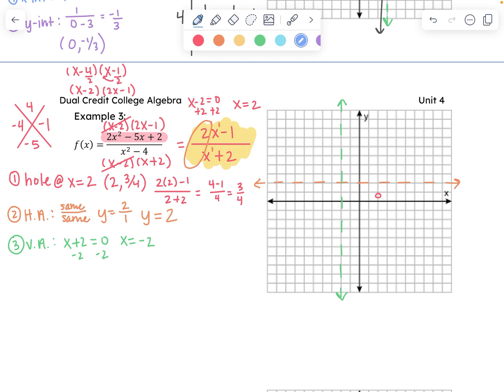And this time, when I try and find my x-intercept, I'm going to take the top and set it equal to 0. And I do actually get an x-intercept. I'm going to add 1 to both sides. So 2x is equal to 1, and divide both sides by 2. So I get x is equal to 1/2. So my x-intercept would be 1/2, 0. So about right here.